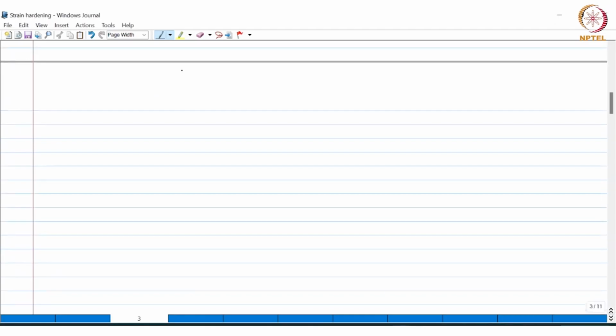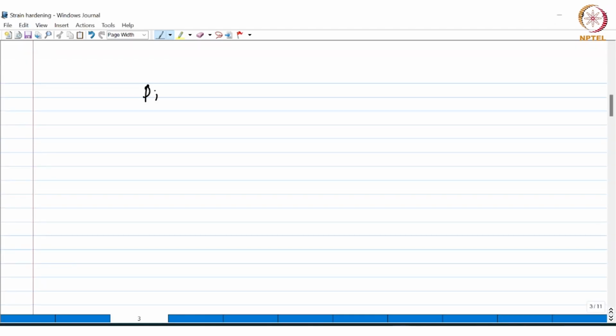So one of the earliest theories of strain hardening says that the strengthening occurs due to pile up of dislocations on slip planes at barriers.